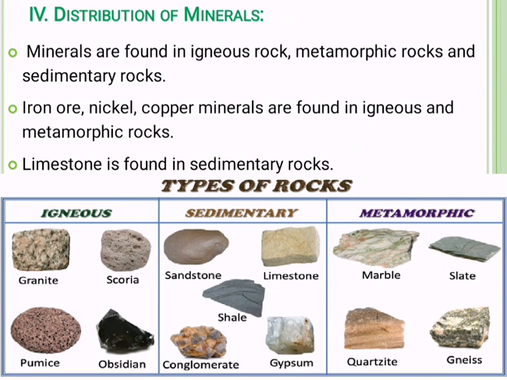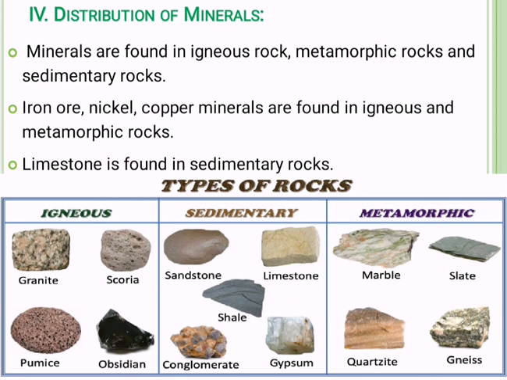The next point is the distribution of minerals. How are minerals distributed? Minerals are found in igneous rocks, metamorphic rocks, and sedimentary rocks. I think we already studied the types of rocks.